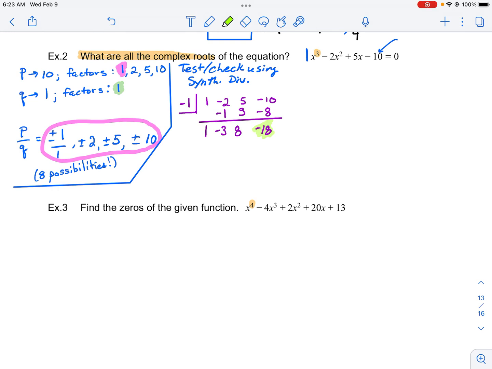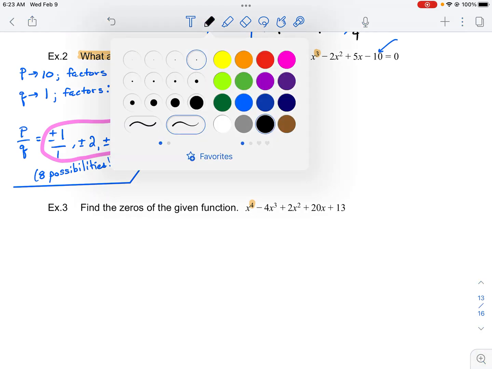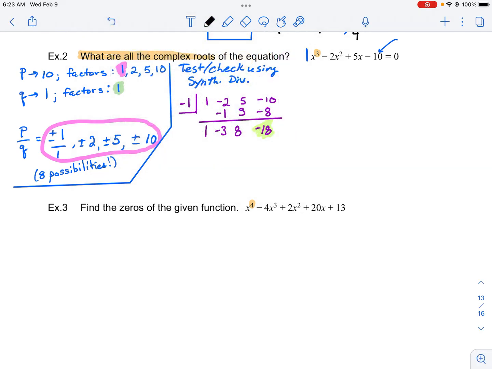If you're thinking about that, hopefully you're thinking, hey, we would want that to be a 0. And it's not. So that tells us that the root -1 does not work. It is not a factor of this polynomial. It is not a root. It is not an x-intercept. It is not a solution. So we go back and we pick another one.